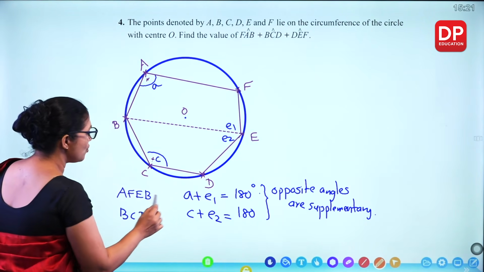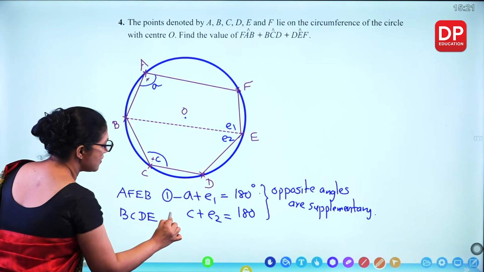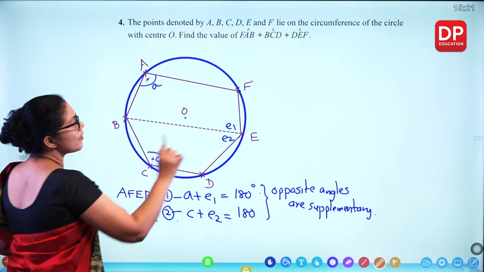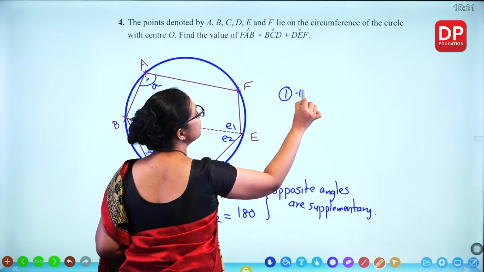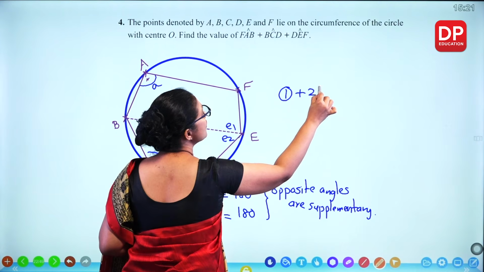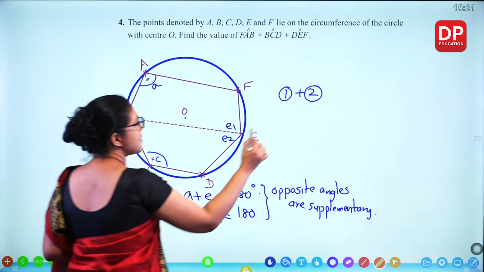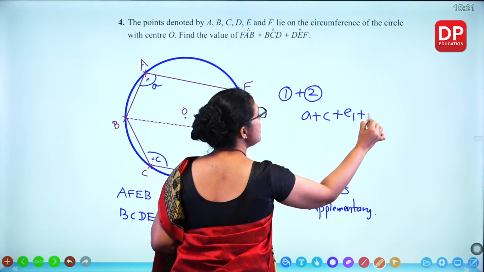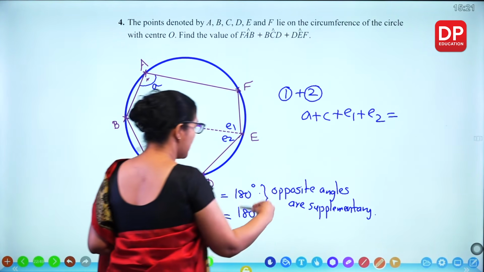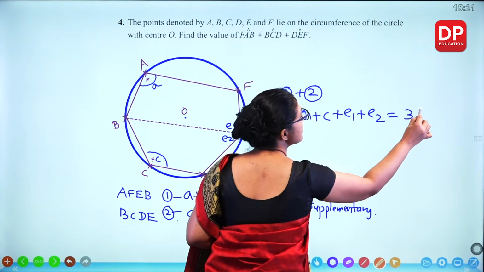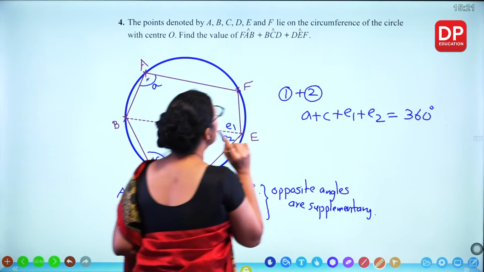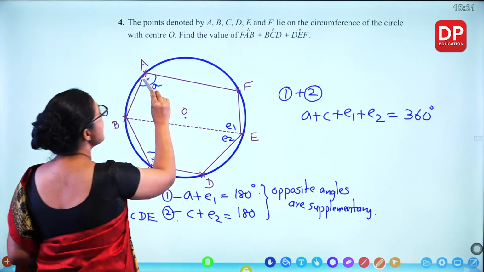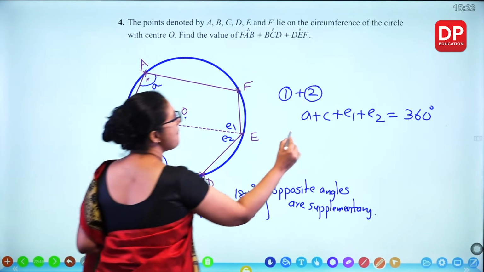Now we'll add these two. This is 1, this is 2. 1 plus 2. What do you get? A plus C plus E1 plus E2 equals 180 plus 180, you get 360. What's A? A is FAB angle.